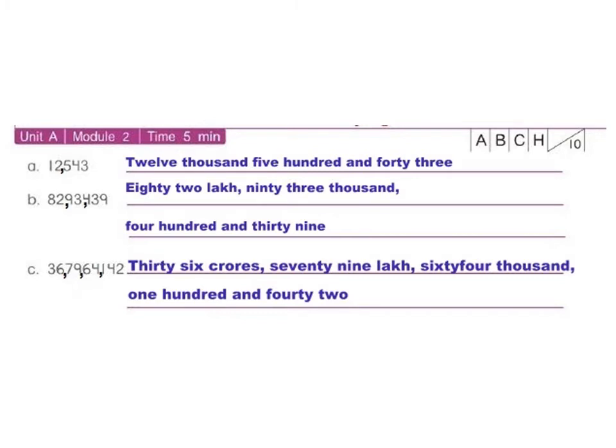And in question number C, there will be three periods. That means there will be ones place, thousands place, lakhs place and crores place. So the number in words will be 36 crore 79 lakh 64,142.